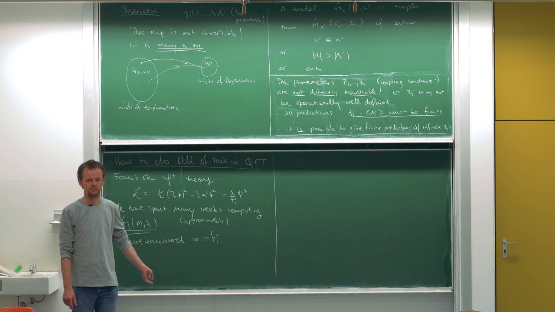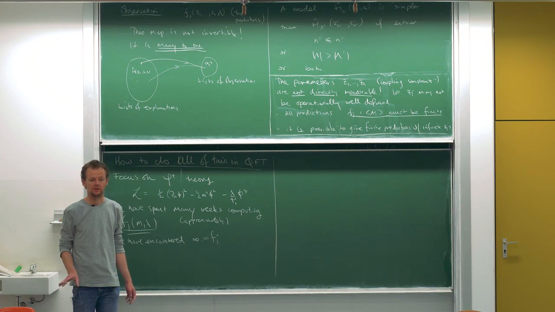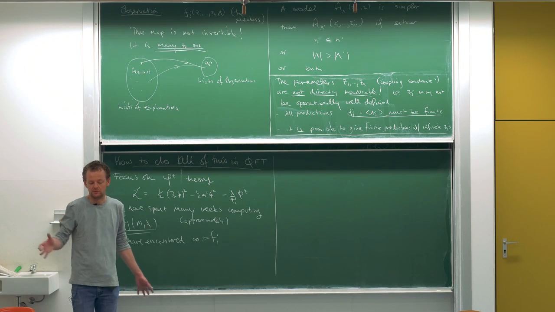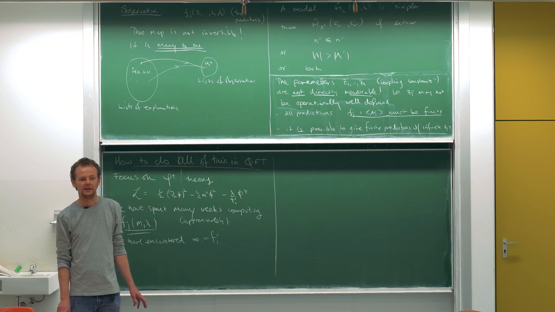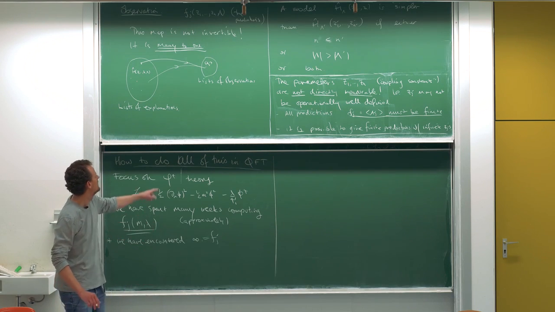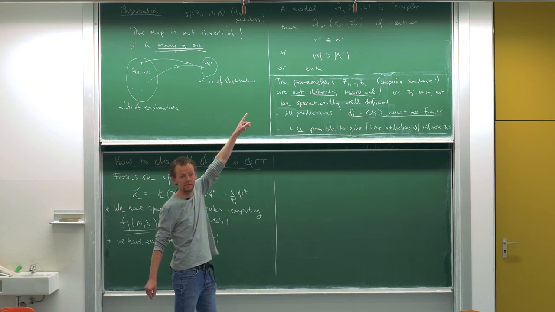However, I think it's actually fair to say that over the past 50 years, we've got so many independent derivations of these infinities that the general consensus is it's not in the approximation scheme that these infinities are there. It's that we haven't been talking about the models correctly.